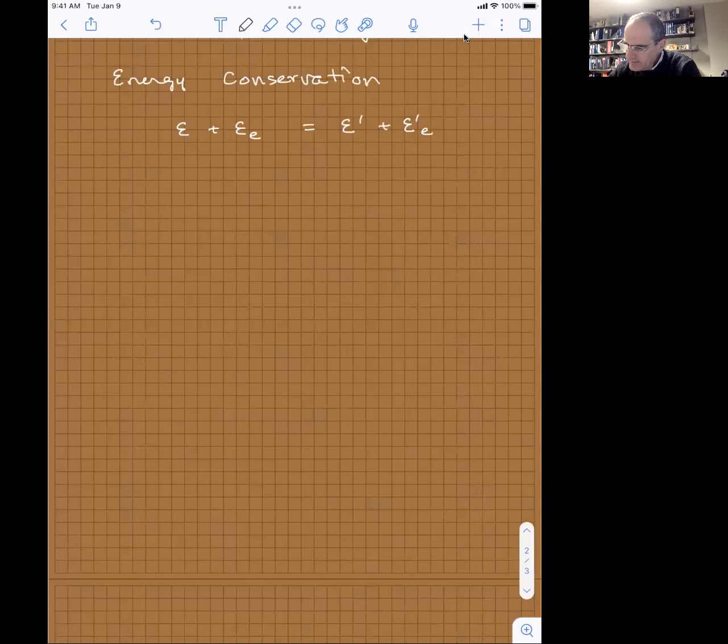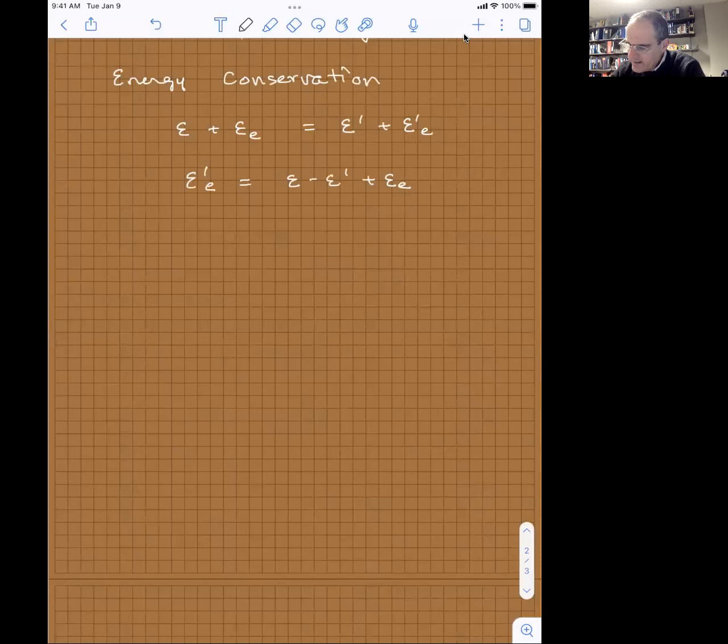And we'll just solve this for the energy of the electron after scattering.